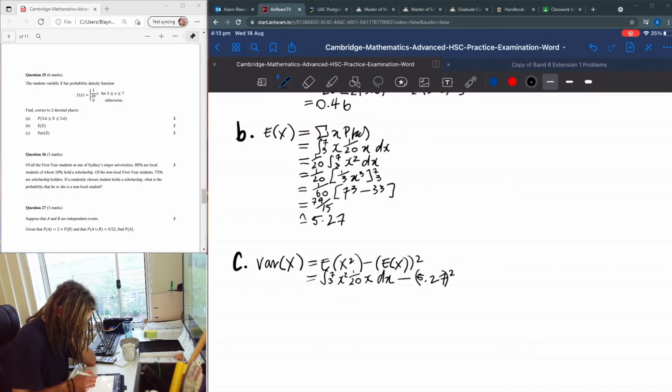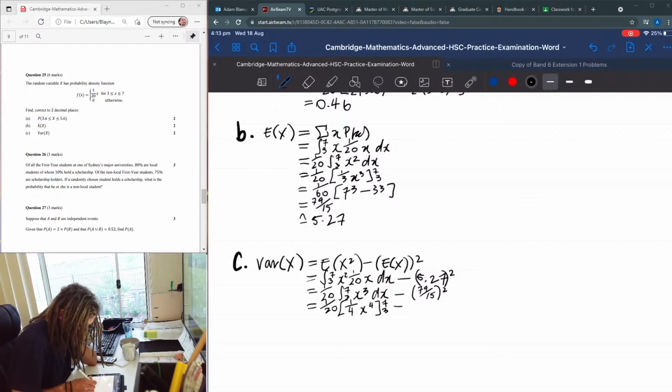Brackets around that. Okay, so this time I've got 1 on 20, 3, 7, x cubed. I feel like I'm doing the same thing over and over again. Maybe I need this to be exact. 79 on 15 squared will make more sense. 1 on 20. Raise it, divide by, 1 on 4 x to the 4, 3, 7, minus that chunk.